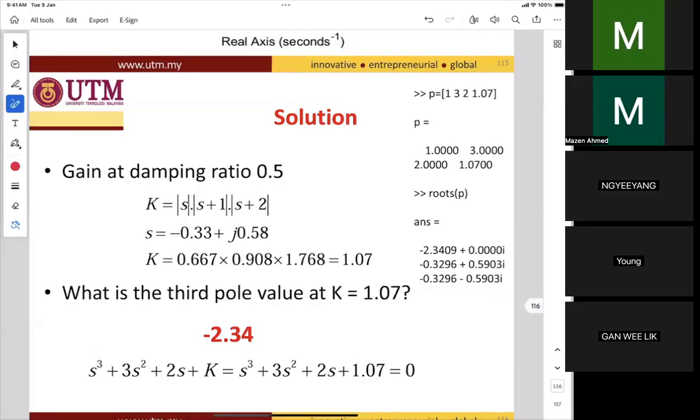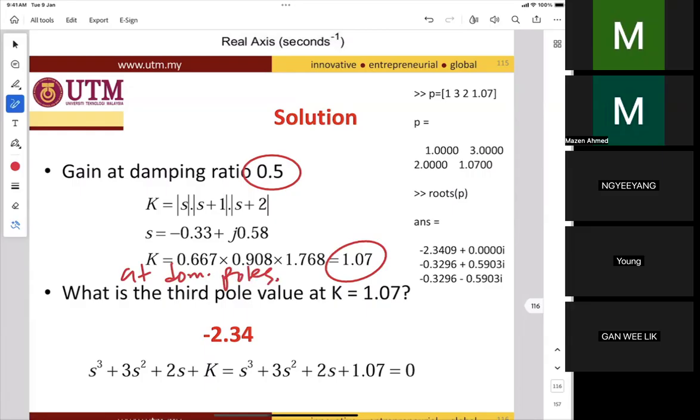So gain for damping ratio at 0.5 using the magnitude formula, as I taught you, we get the value 1.07, which is K at the dominant poles. What is the third pole?